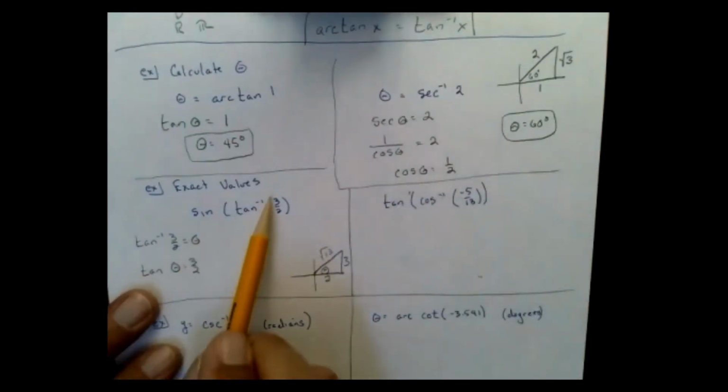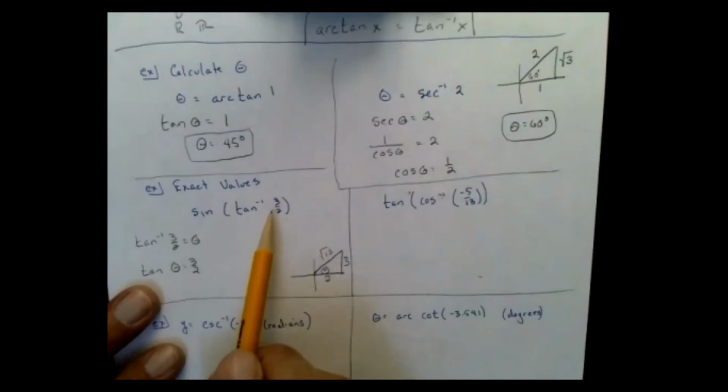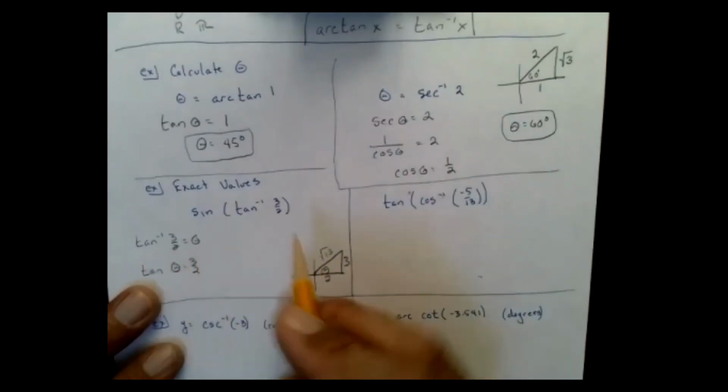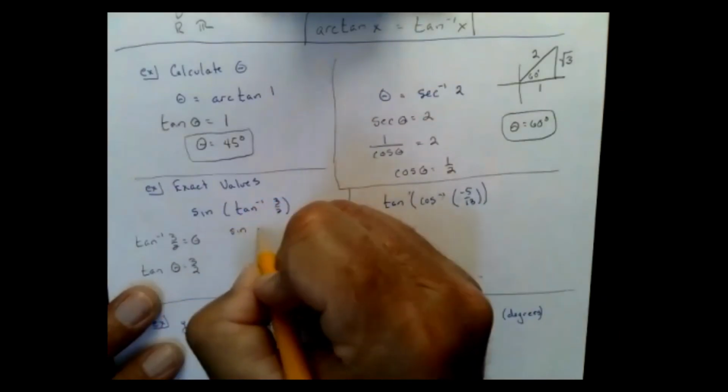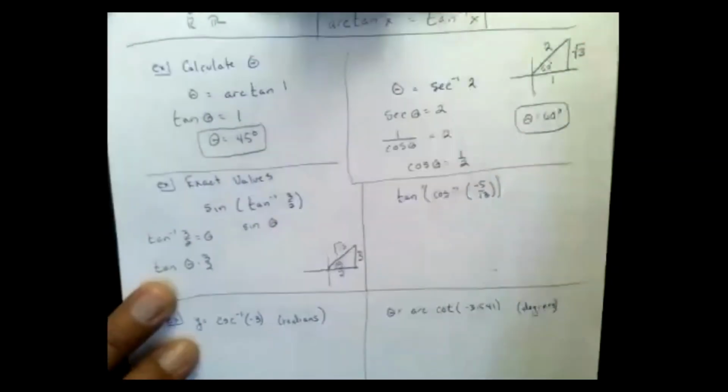Excellent. So this inside of here is the angle measure. The angle measure is this triangle right here. That's my triangle. So if theta equals this, next thing I want to do is find the sine of theta.